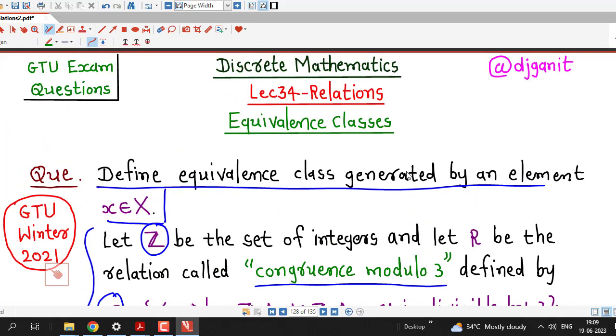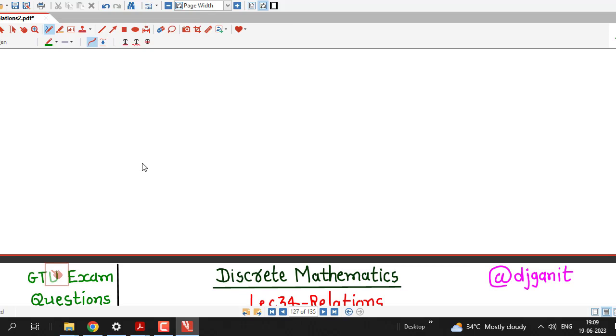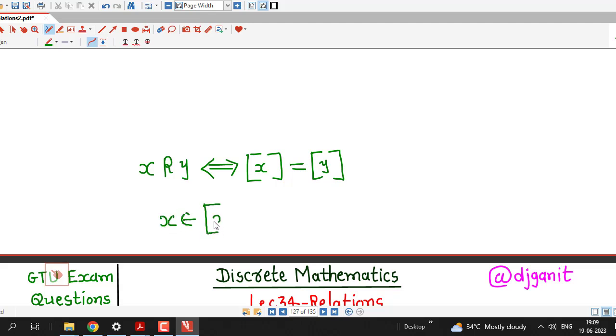If you recall, in an earlier lecture we discussed that if two elements, say x and y, are related to each other, then the equivalence classes generated by x and y will be the same, and x is always a member of the equivalence class generated by x.